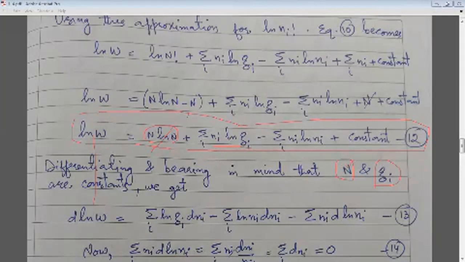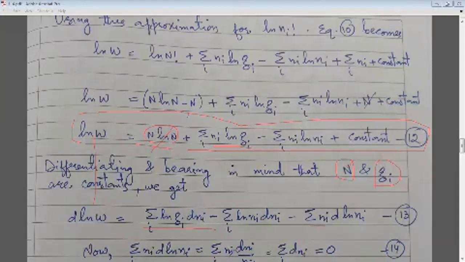Similarly, you will get these, and ln gi times the differential of gi will also be equal to 0, because gi is constant. Then ultimately you will get these three terms: summation ln gi dni, minus summation ln ni dni, minus summation ni d ln ni.